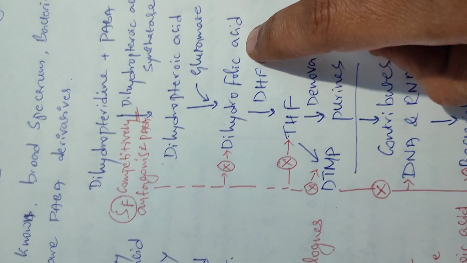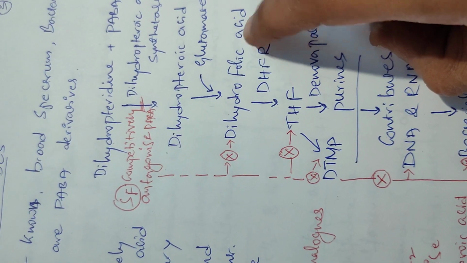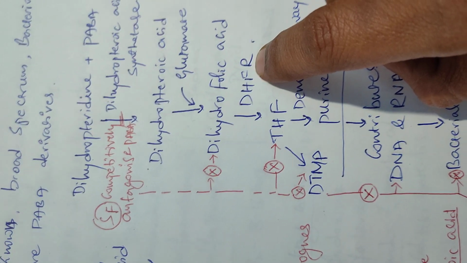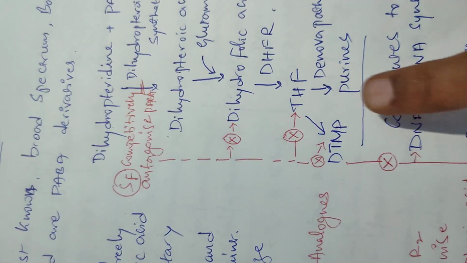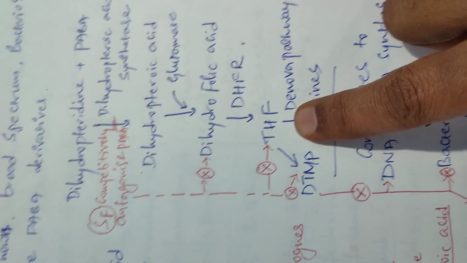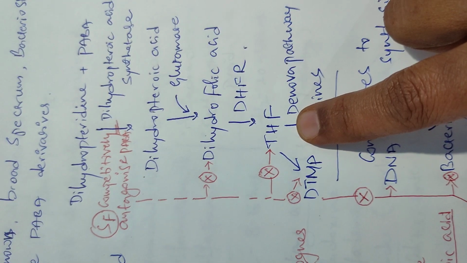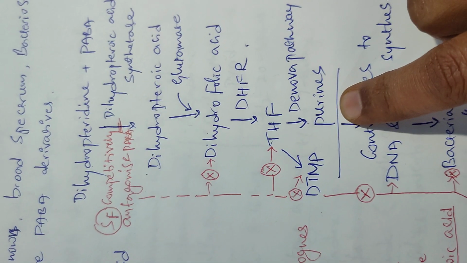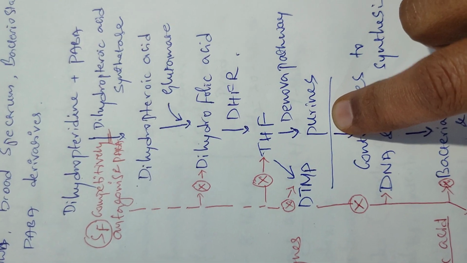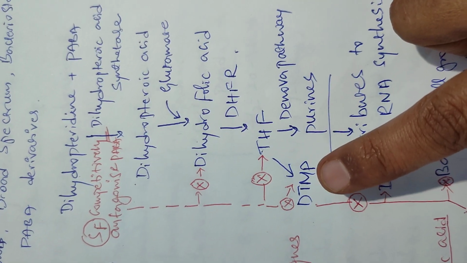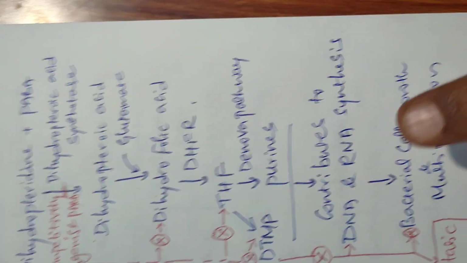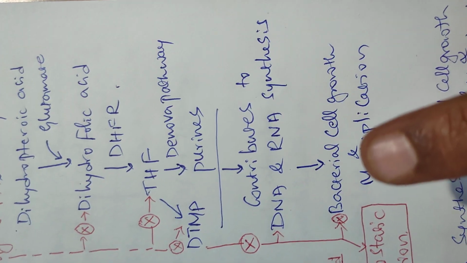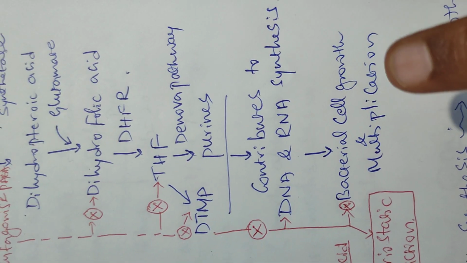Further it is acted on by the enzyme DHFR, dihydrofolate reductase, and converted to tetrahydrofolic acid, the metabolically active form. This enters the de novo pathway and synthesizes purines and thymidylate monophosphate, and finally contributes to DNA and RNA synthesis and bacterial cell growth and multiplication.